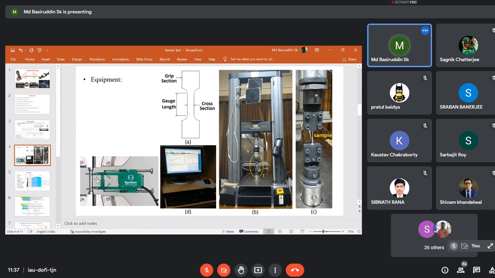Beyond that you have to remove the strain gauge. The purpose is also to measure the elastic modulus of the material quite accurately. So these are a few things you need to keep in mind.